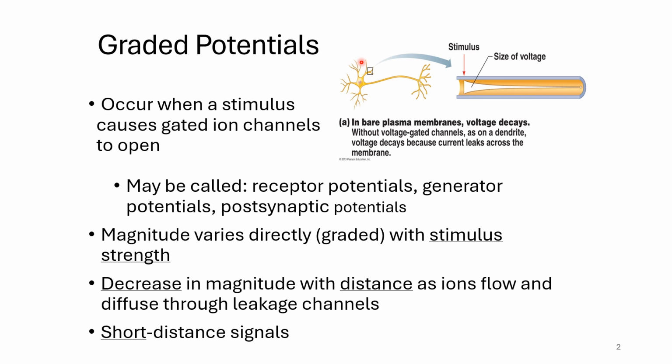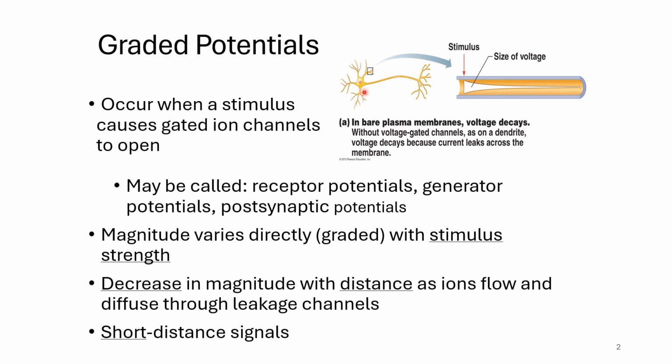What makes these types of potentials different from an action potential, and why it's called a graded potential, is that the strength of the potential is not all or none; it is dependent on the stimulus that comes in.